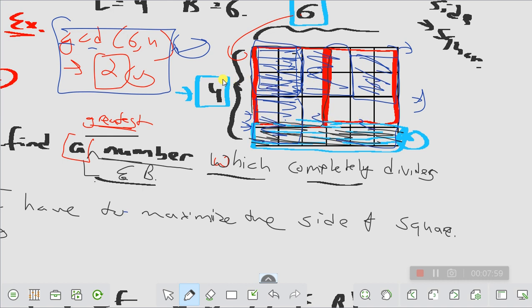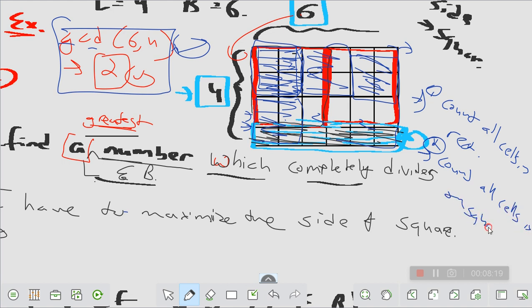I'm first going to count all cells in the rectangle. The second step is to count all cells in the square, and then just divide them. So if I divide the first by the second, it is going to give me the number of squares.